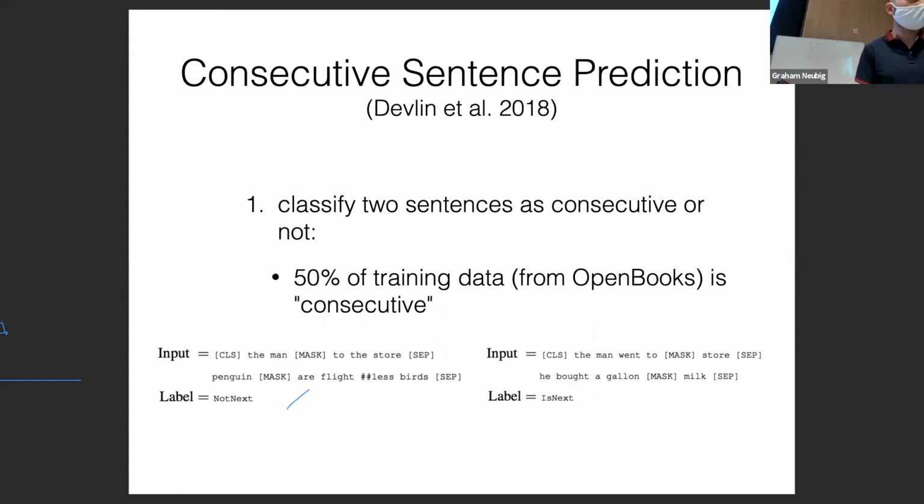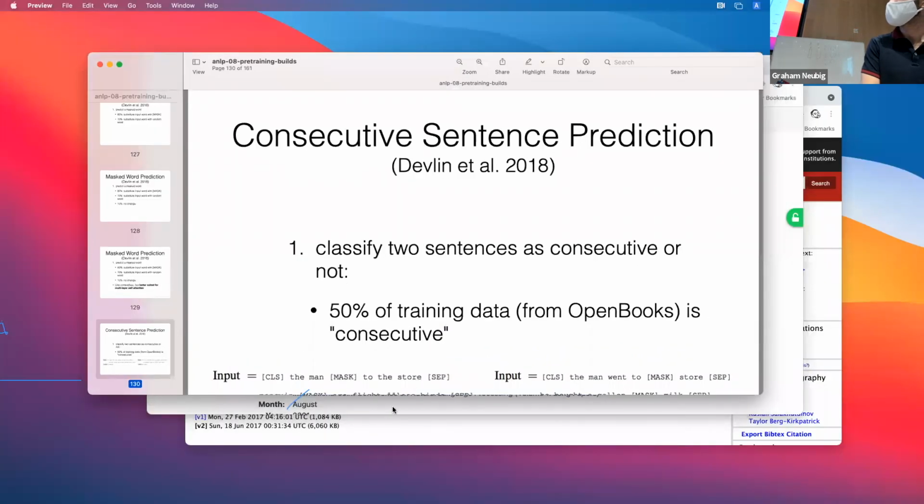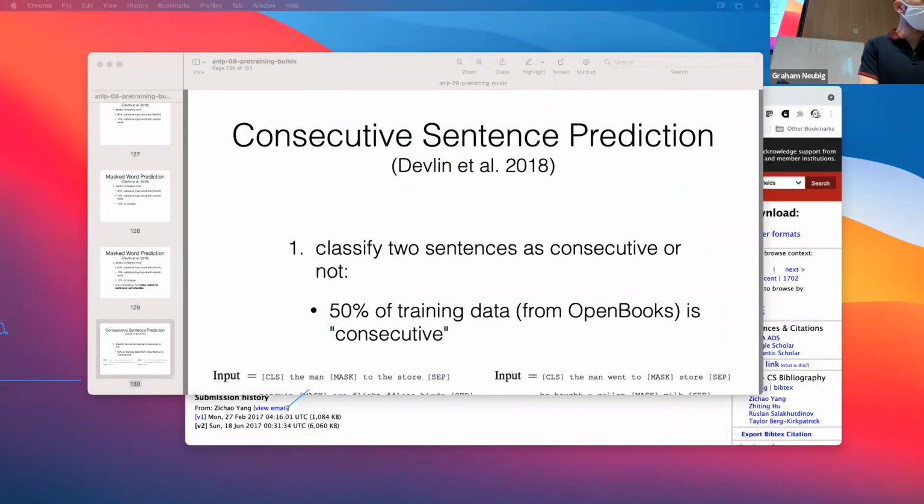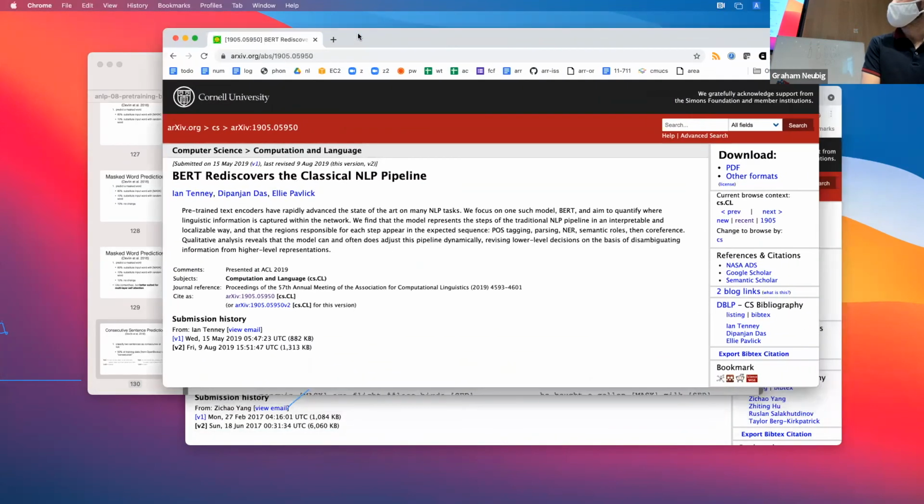Or something like this. I wasn't planning on talking about this until later, but maybe I'll talk about it now. There's a really great paper called BERT Rediscovers the Classical NLP Pipeline.